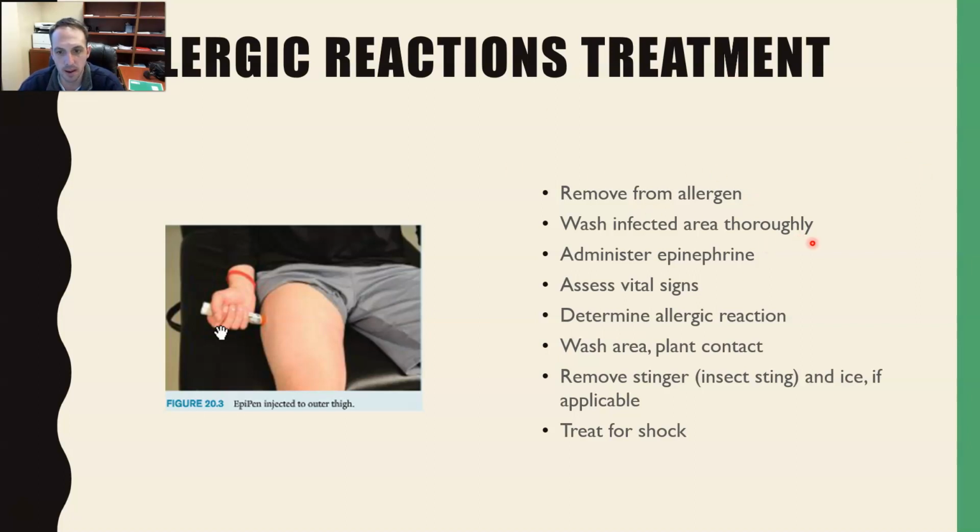Washing the area thoroughly if possible, removing the stinger if there's a sting injury associated with that. But if we're getting this allergic reaction, our main thing is going to be administration of epinephrine, right? And the EpiPen is our typical way of doing that. And you'll look at that in lab.